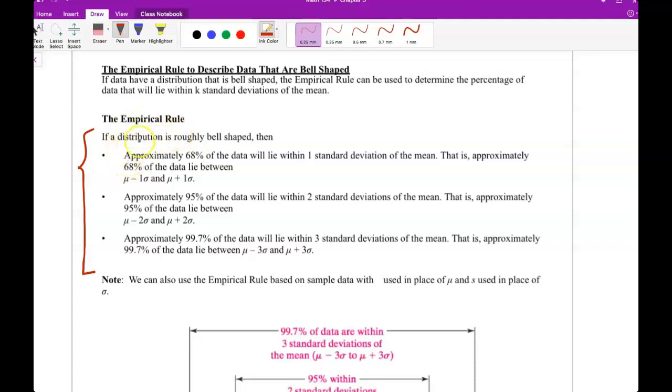Here we have the distribution. So if a distribution is roughly bell-shaped, then approximately 68% of the data will lie within one standard deviation of the mean. So what is that?